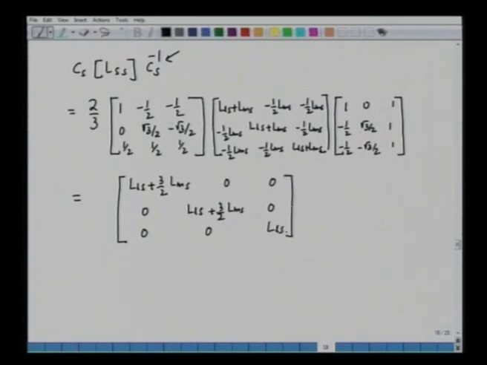This is an interesting matrix in the sense that most of the elements are zeros here, only the diagonal elements are present, all the off diagonal elements are 0, and that is happening because there is no coupling between the D and Q axis.